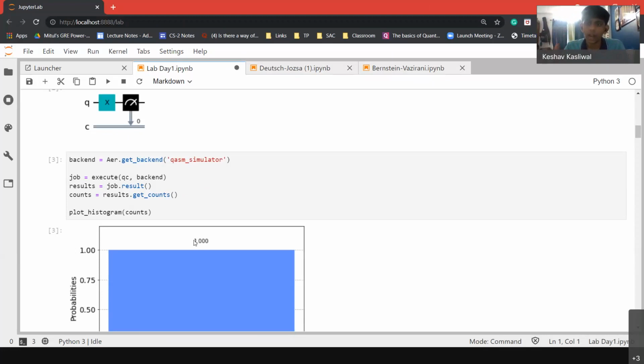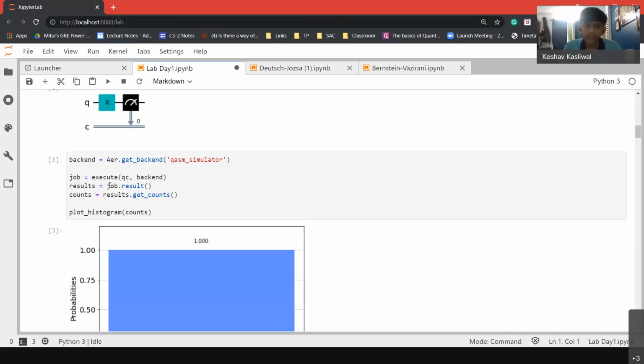Then we execute the quantum circuit, that is qc, onto that particular backend. That is what the execute function does: execute qc comma backend, and we get the result out of it. The result is nothing but job.result, so what was the result of that particular job is shown by the result variable.